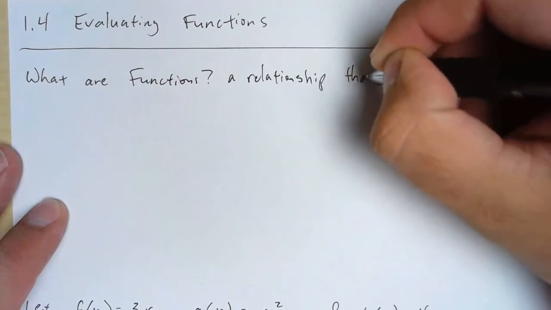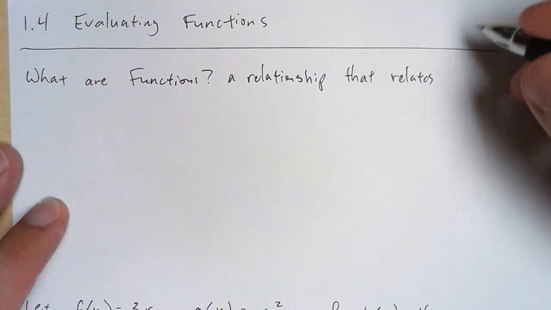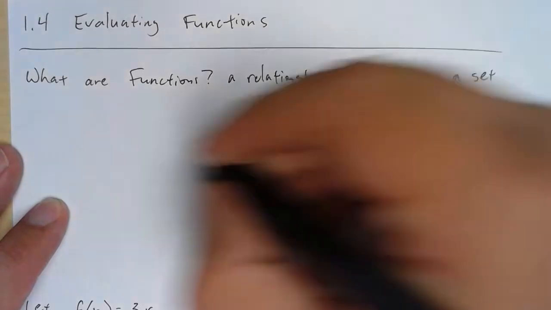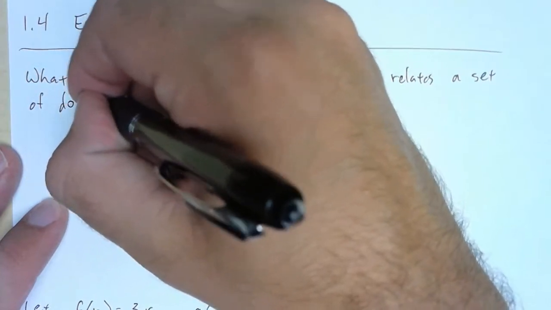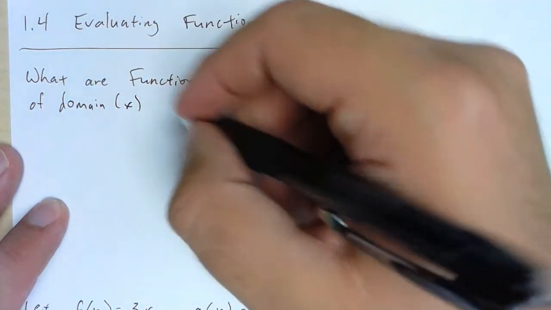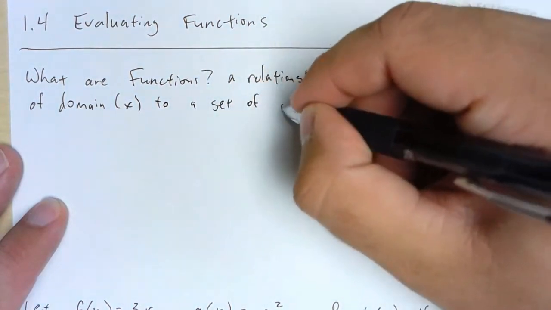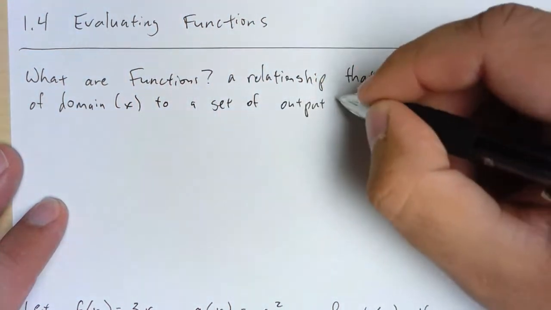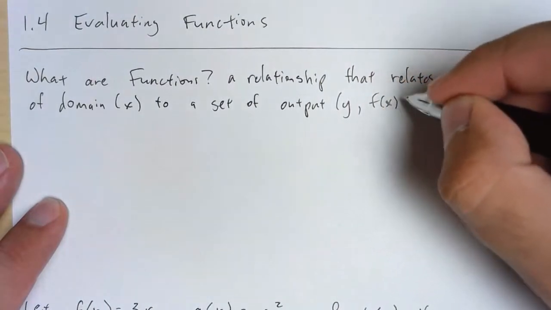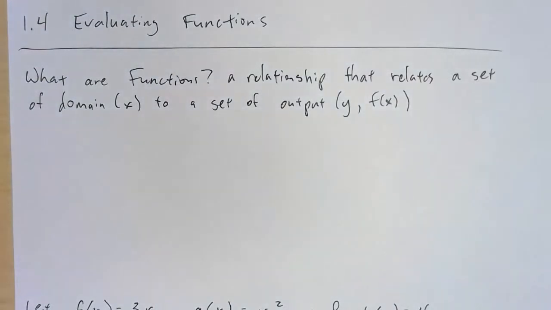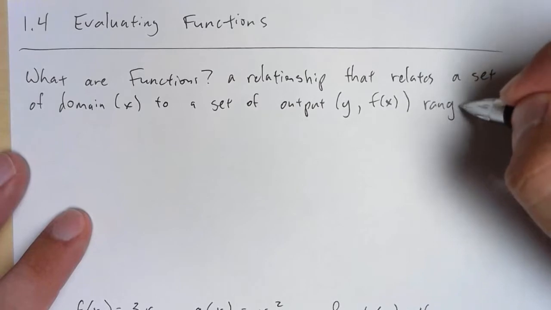that relates, it processes, so a relationship that relates a set of input values, which we like to call the domain, which remember is our x values, to a set of output values, which we like to call y, but we're also going to start calling f of x or g of x or h of x as it comes along, which is also called range values.